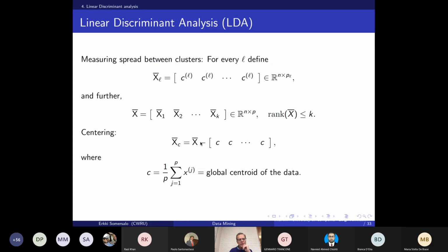So this matrix X̄C is basically measuring how much different the cluster centroids are from the global centroid. And the difference is repeated as many times as points you have in your clusters. Okay, so this is my auxiliary matrix.